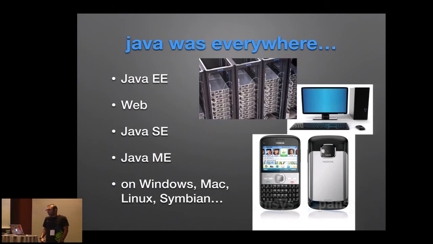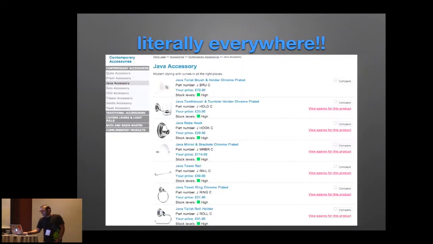And also I could work on Windows, Mac, Linux, just anything. So moving to iOS was a kind of different experience, and you can see Java was everywhere. There's the toilet paper roller holder. There are some other bathroom accessories you can buy. They're all Java. So Java literally was everywhere.